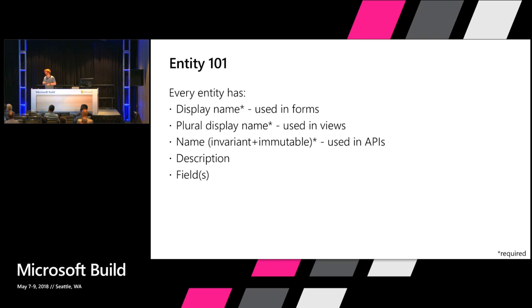We have a name which is invariant and immutable for this entity that is used across the various APIs for working with this entity. We have a description, which is used in contextual help throughout the experience. And then an entity may have 0 or more additional fields. The display name, plural display name, and name are all required.